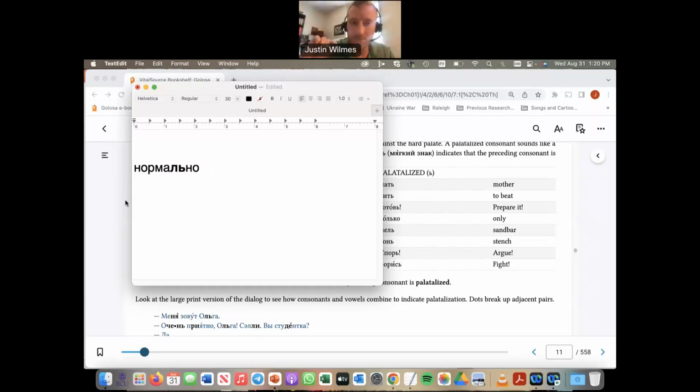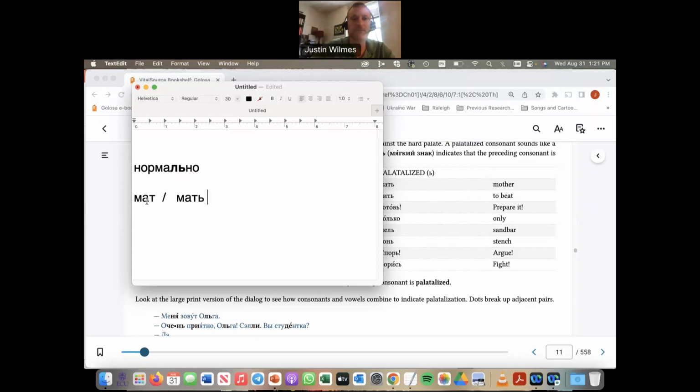And the way that we make that L softer is you still put your tongue between your teeth, kind of normal, but at the same time you're pushing the surface of your tongue up a little bit against the roof of your mouth, your palate. It's called palatalization. And this works more or less the same with all of the consonants. So if it's a soft T, so mat versus mat.